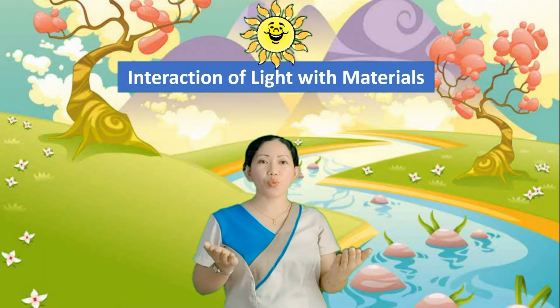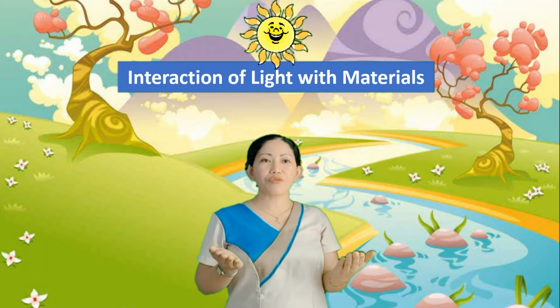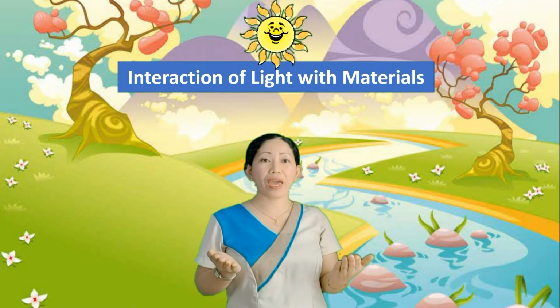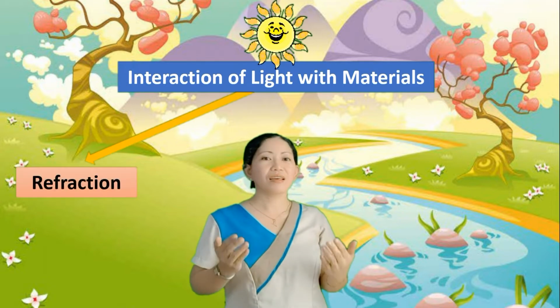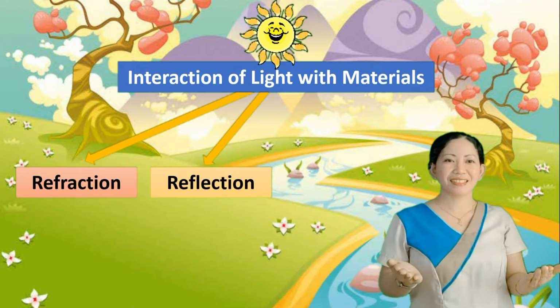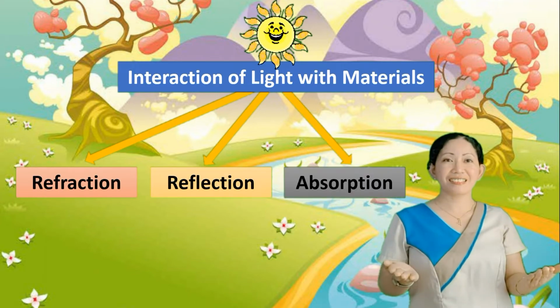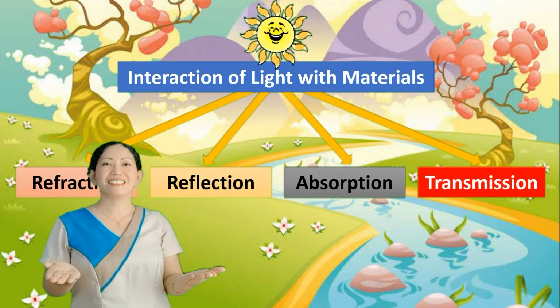Light interacts differently with various materials. The different interactions affect the way we use materials, such as refraction, reflection, absorption, and transmission.